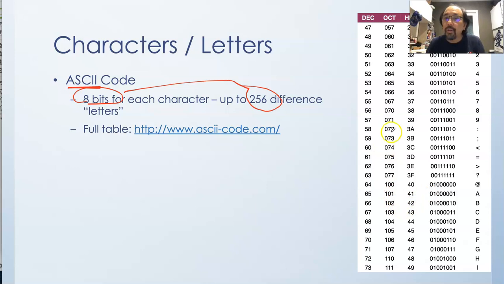So I could use the hex value of 41 to represent the letter A. Notice there's a decimal column, a hex column, and an octal column. We have the decimal 65, the octal 101, which is equal to the hex 41. That means the letter A. So 1 byte, 8 bits, is used to indicate one letter.